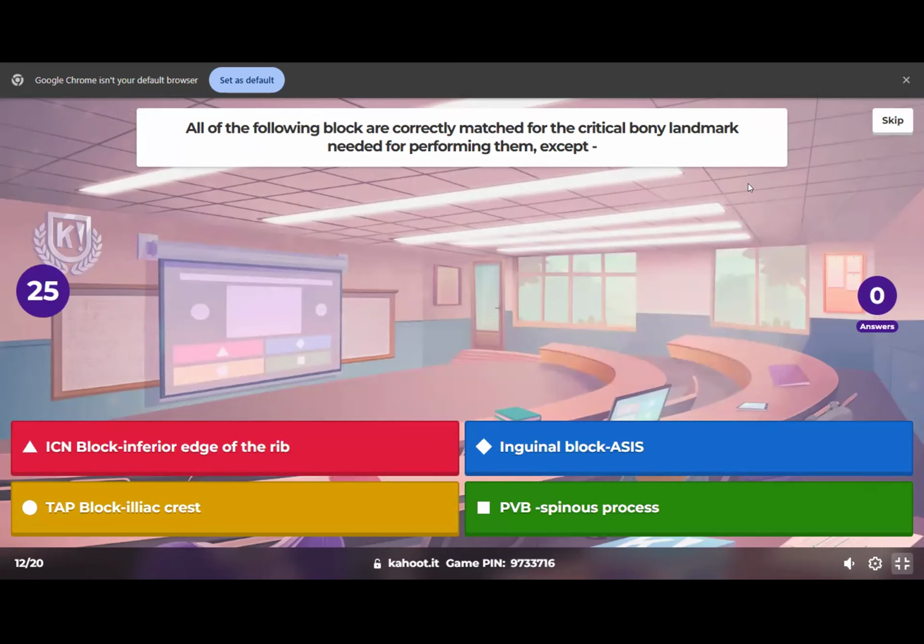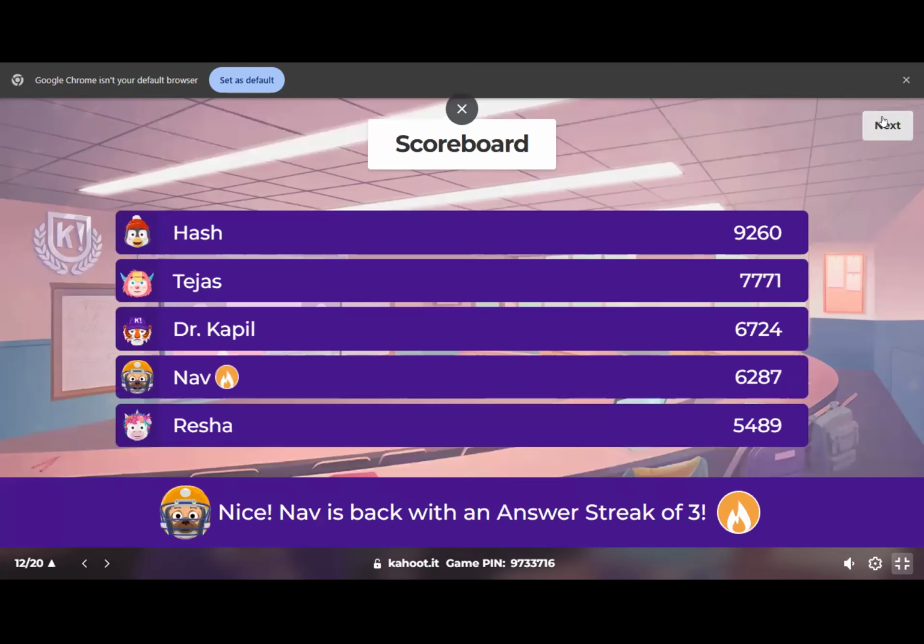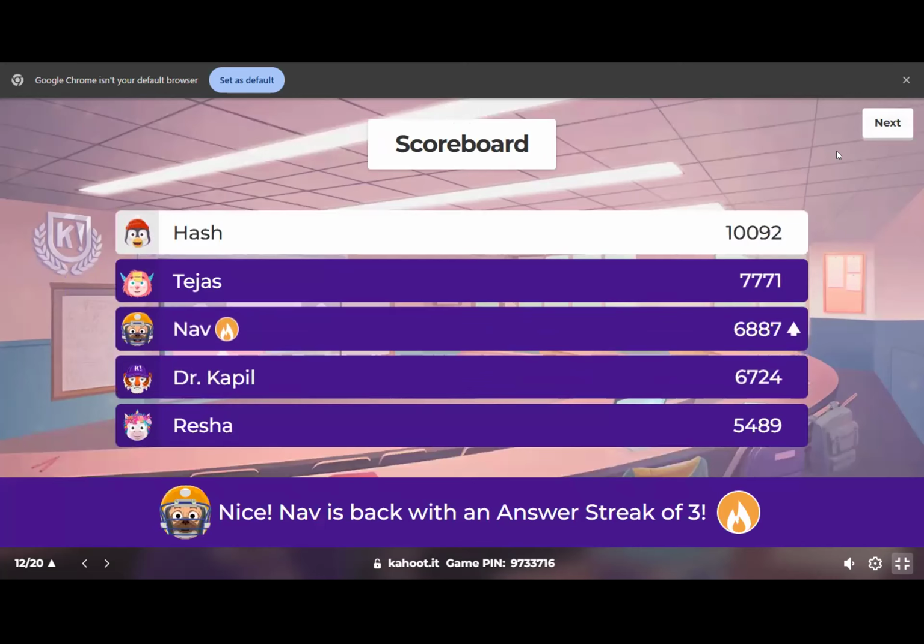ICM is intercostal nerve block. Transverse process. Harsha is leading.